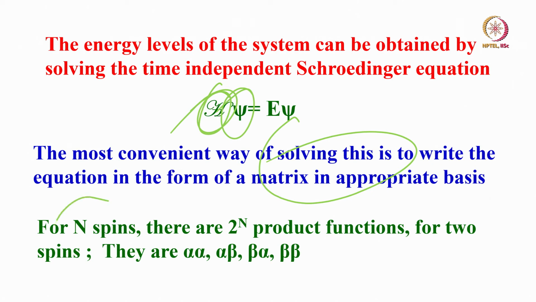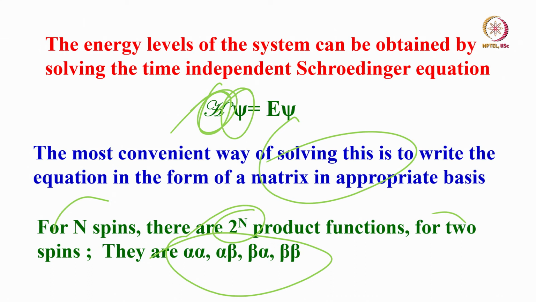So, for n spins, remember there are 2 to the power of n product functions, and for 2 spins there are only 4 product functions. That is what we discussed. For 3 spins 2 cube, for 4 spins 2 to the power of 4. We are dealing with only 2 spins, because if you want to make the quantum mechanical analysis for 3 spins or 4 spins, it will take almost the entire course.